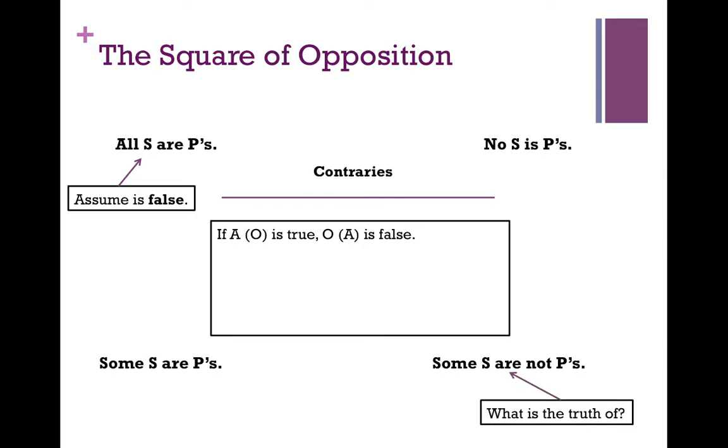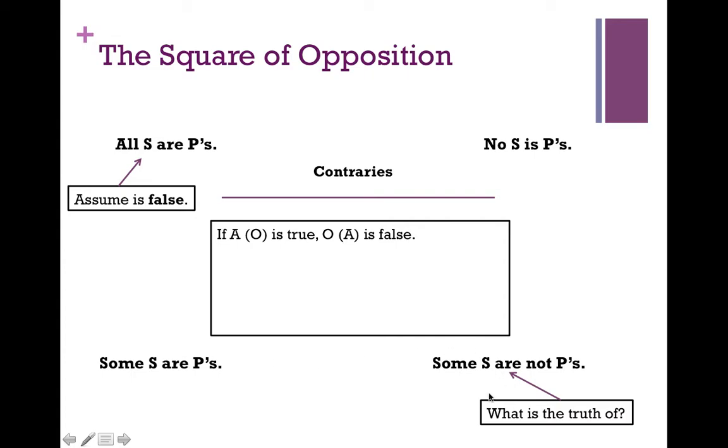All right, well, let's assume that an A form proposition is false. Then we can ask, what is the truth of an O-form proposition? So if it's not true that all S are P, if that is false, then what is the truth of some S are not P? And it seems like if this is false, then it can be false only for one of two reasons. It could be false either because none are, or it could be false because some are and some aren't.